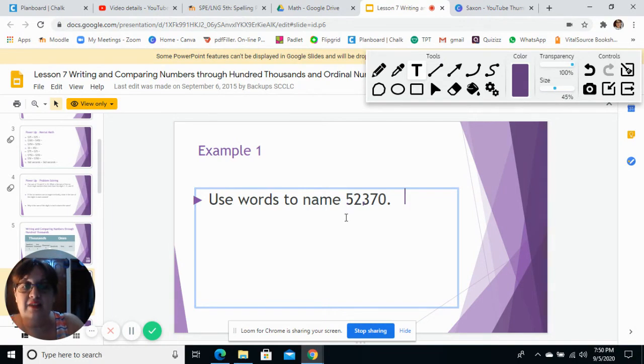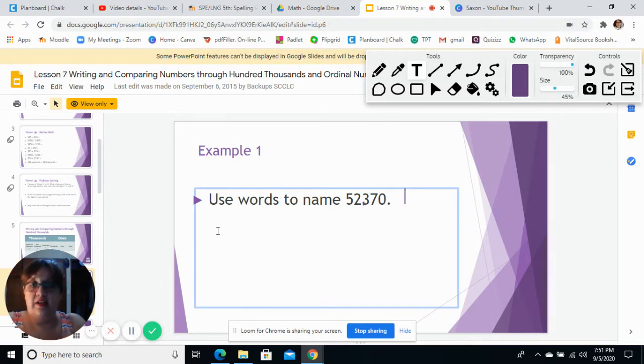So we would say 52,370. All right. So notice that we placed a comma after the word thousand when we use words to name the number.